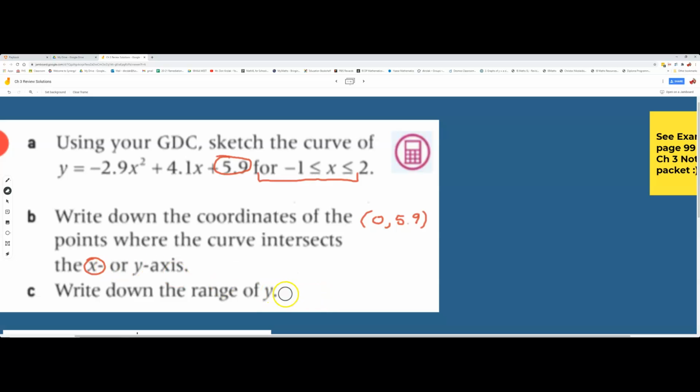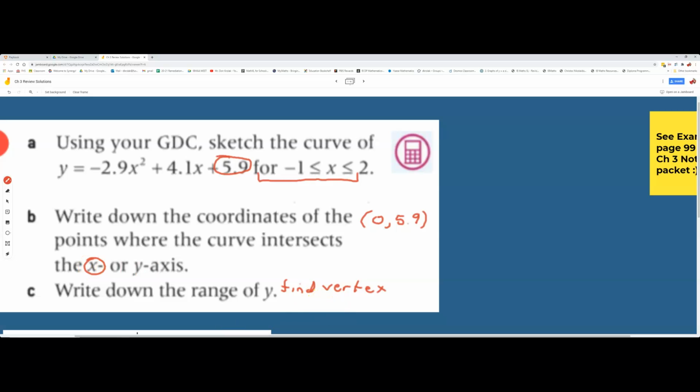I can't do my range yet until I get the vertex. So for this, I have to find the vertex first. All right, so we'll do the x-intercept, and then we'll come back and do the vertex.